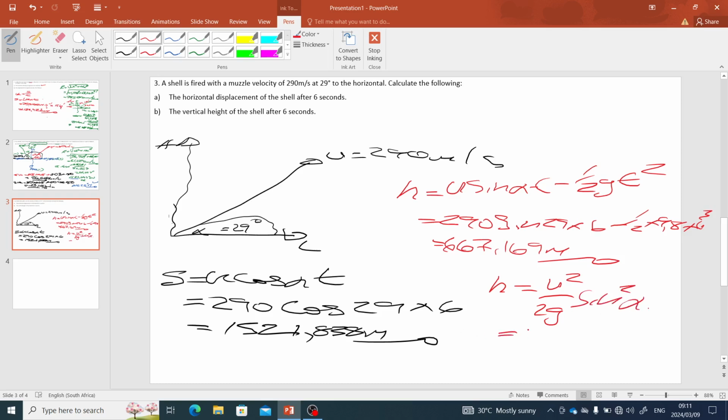You can calculate your height as well using u squared over 2g sine squared alpha. It will be 290 squared over 2 times 9,8 multiplied by sine 29. Is it 29? Yes, 29 squared. Let's see if we will get the same answer.